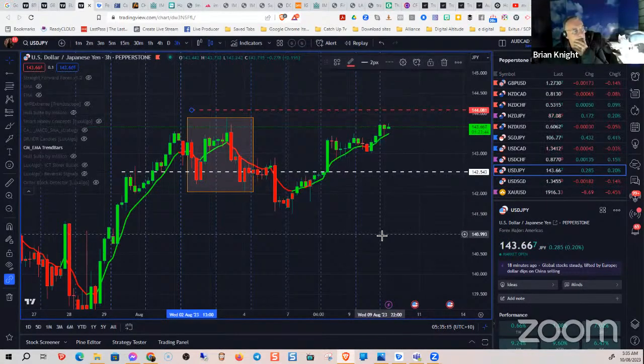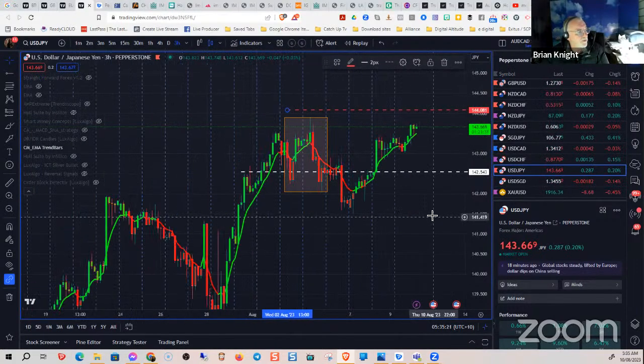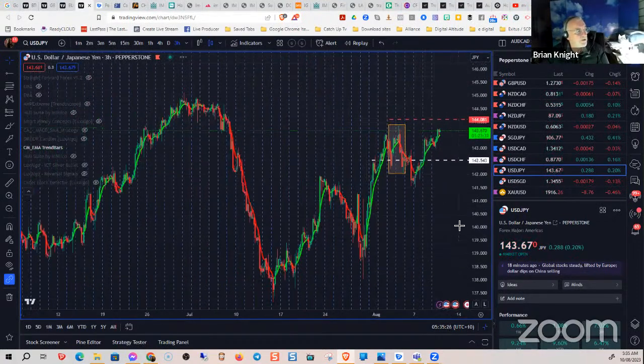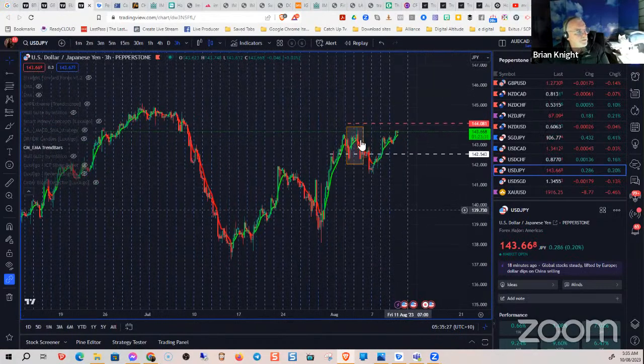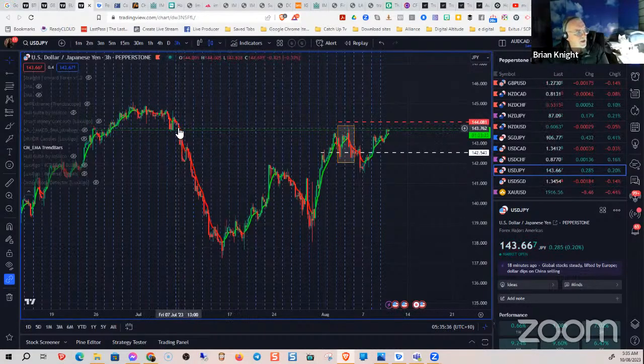So that's where my stop loss is. If it does come up, it's going to break this high here. But I'm just looking at market structure as such. It could spike, but I can see that after this drop here it has come back into that area and basically pulled its way back up to there.